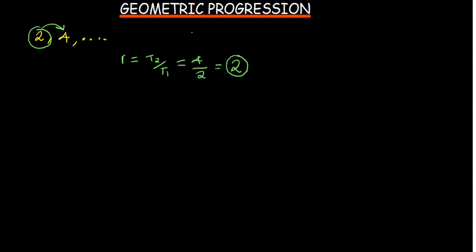As you are able to see, the second term here is 4. That is because we did 2 times 2, the same common ratio.